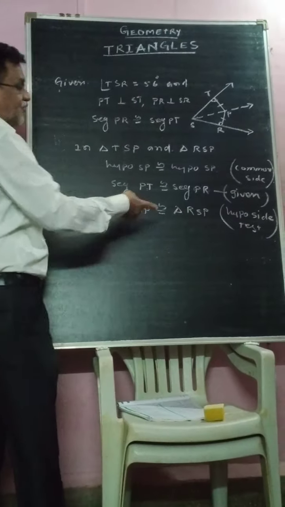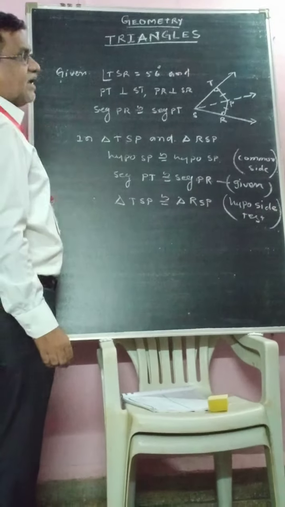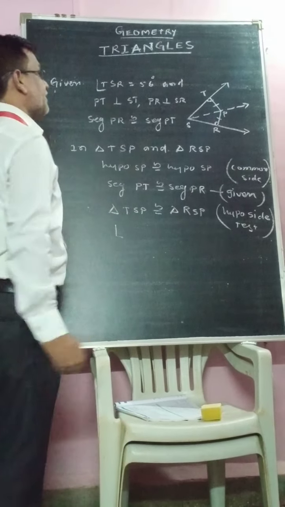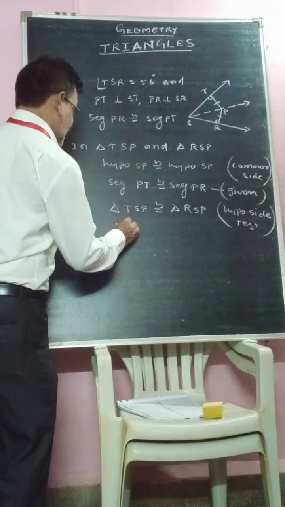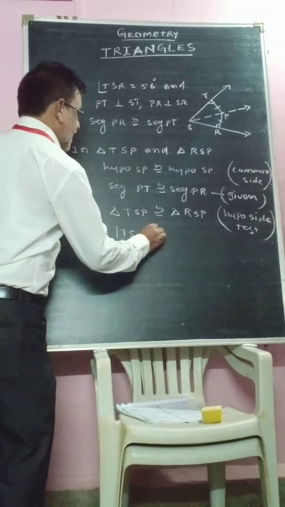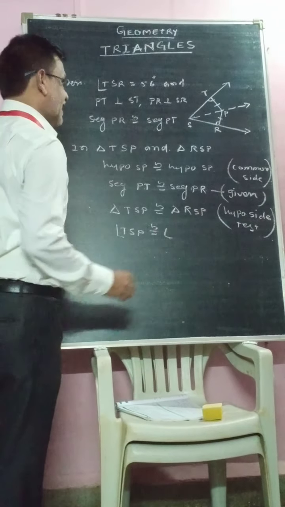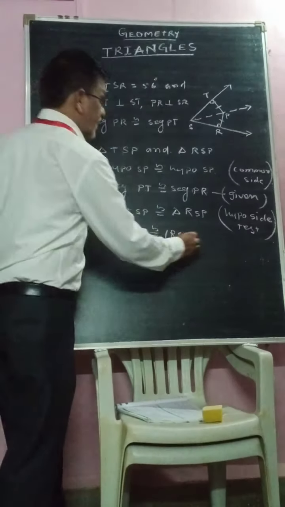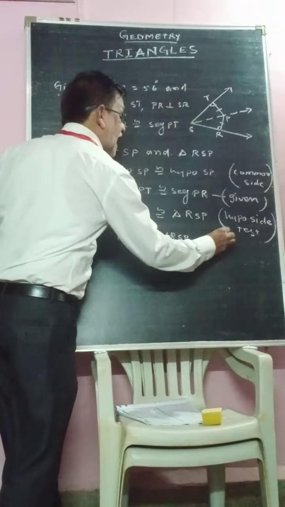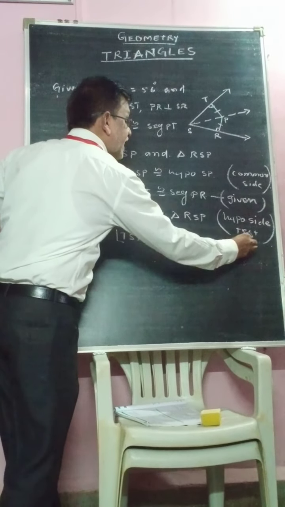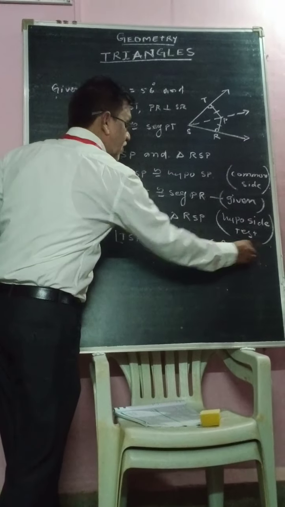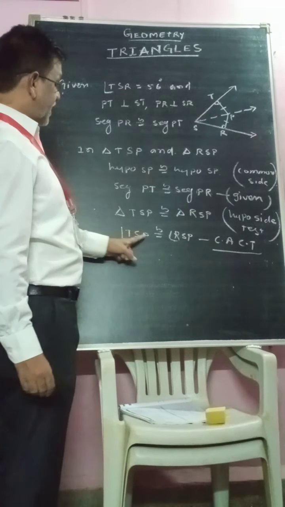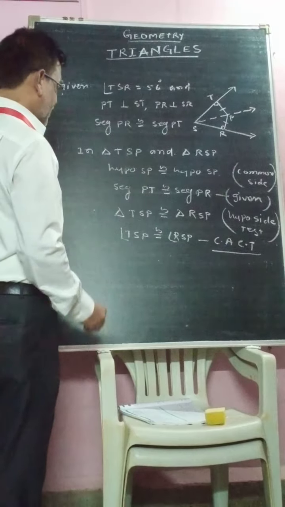Now if two triangles are congruent, the remaining parts are also congruent. It means angle TSP is congruent to angle RSP, reason is corresponding angles of congruent triangles, CACT.